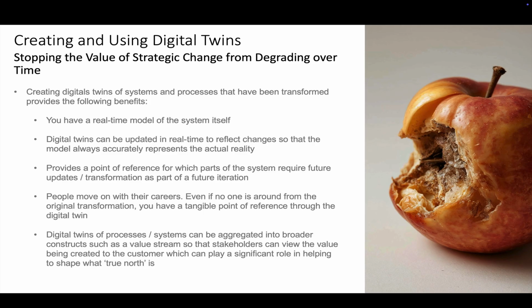In the world of manufacturing from which lean originates, it is much easier to define what a value stream is and how it is constructed, because a physical product is being produced time and again. In the context of a complex service, a value stream may be much harder to define and subject to a lot of change, because components that comprise the value stream are changing all the time.